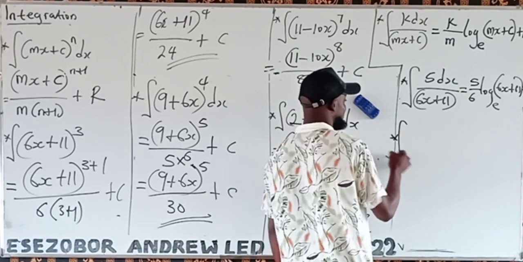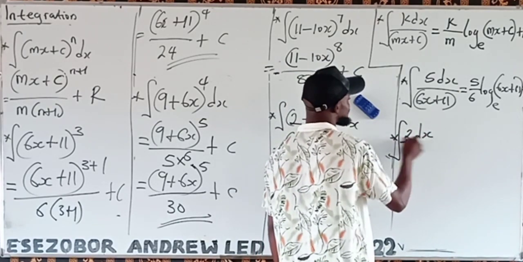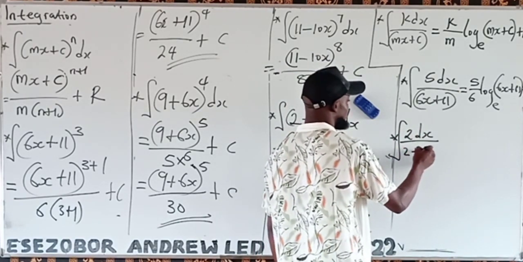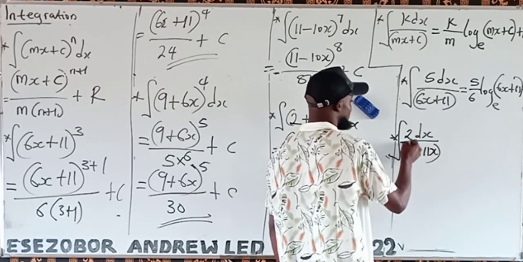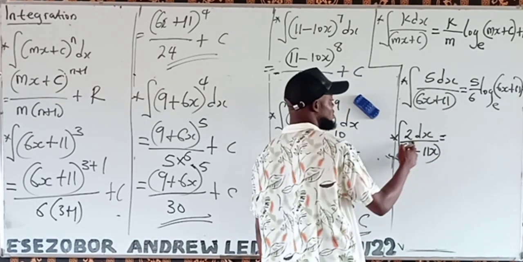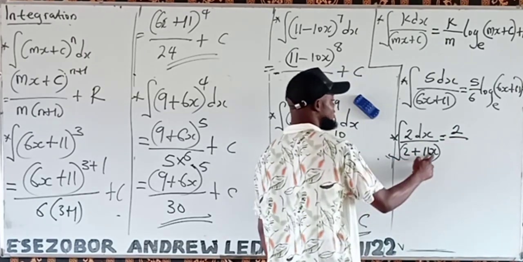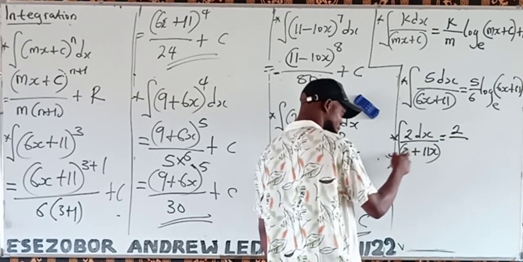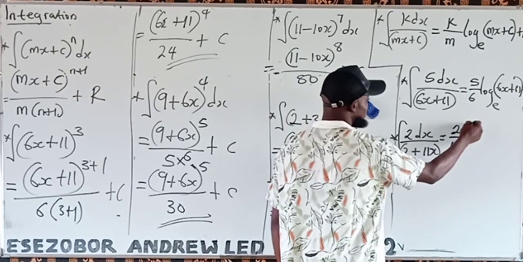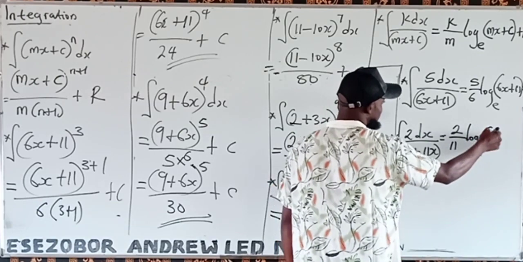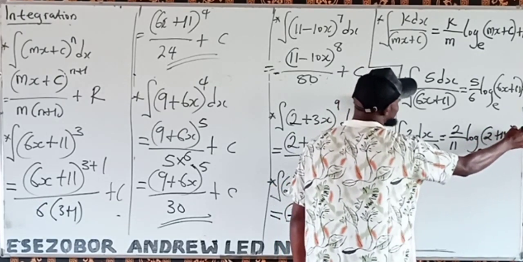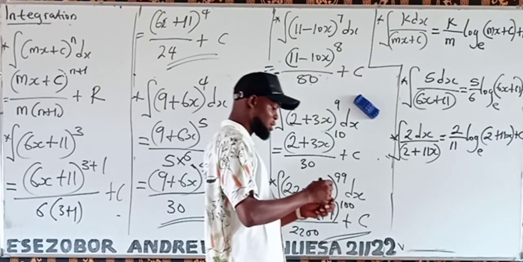Now I have the integral 2 dx all over 2 plus 11x. The answer will be 2 over 11 log e of 2 plus 11x plus the integration constant, which is c.